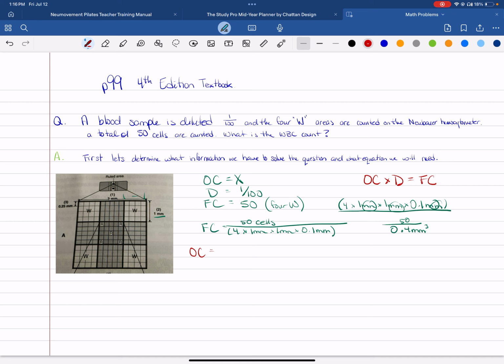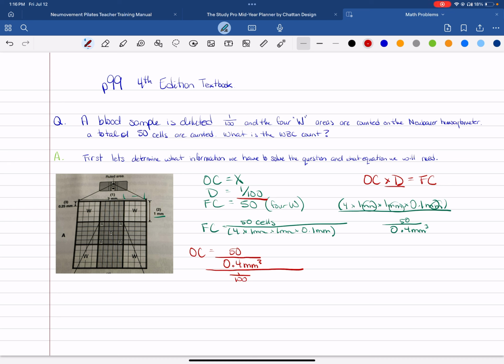Because it's times dilution equals final concentration, we need to divide by the dilution to isolate the original concentration on the left side of the equation. So that becomes 50 over 0.4 millimeters cubed divided by our dilution, which is 1 over 100.